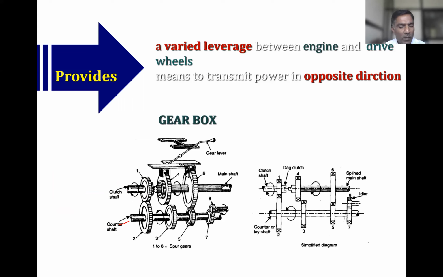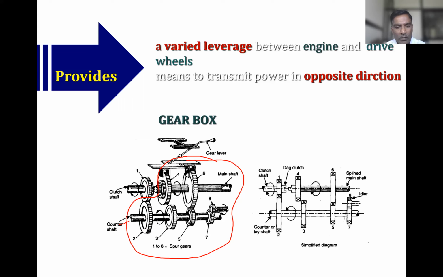This clutch shaft is the output shaft of the clutch assembly. The gear which is mounted on the clutch shaft is in mesh with the counter shaft or the lay shaft, and this part is nothing but the gearbox. This clutch shaft is connected via gear number 1 with this counter shaft with the help of gear number 2.